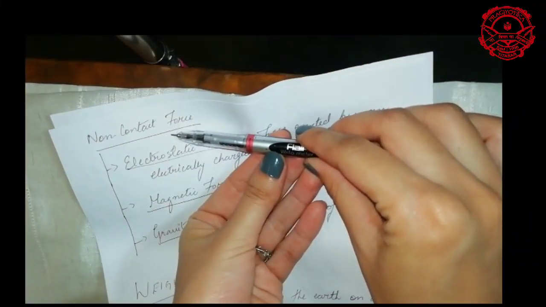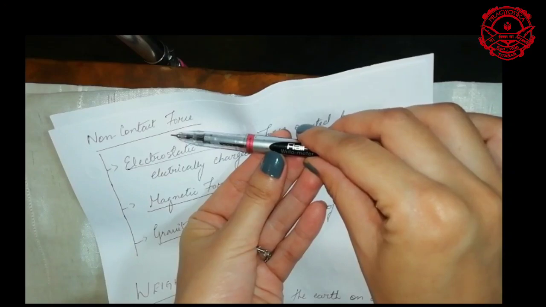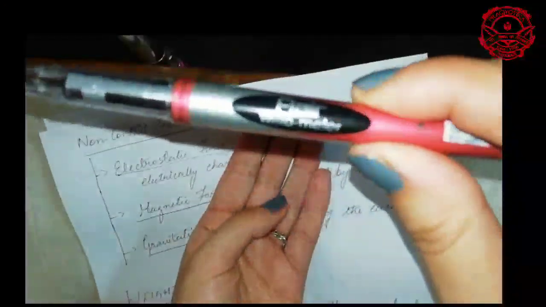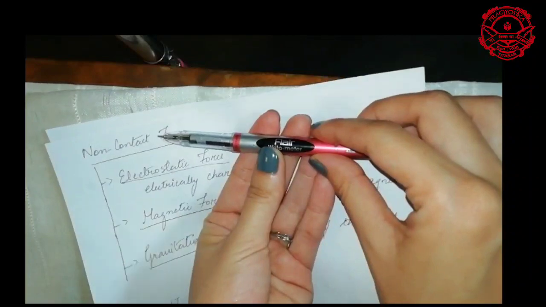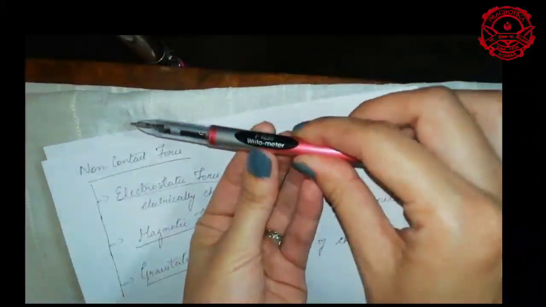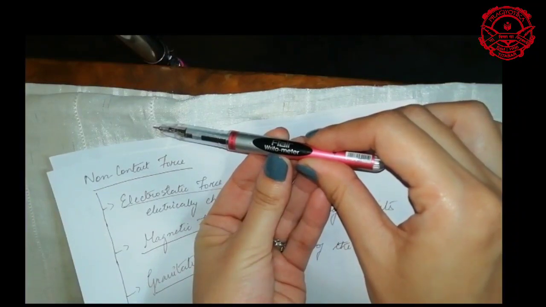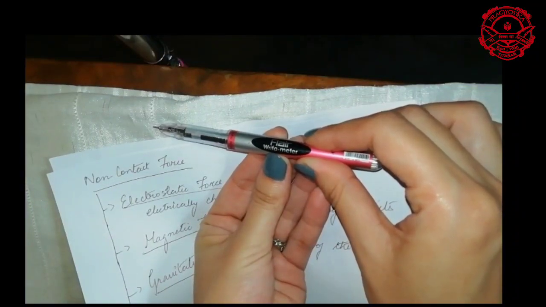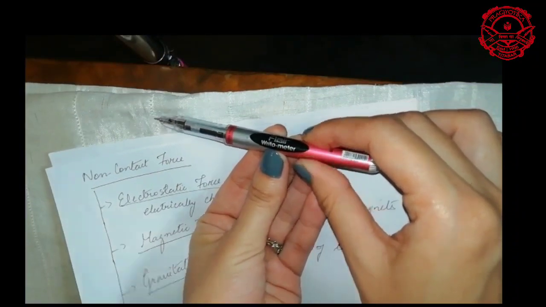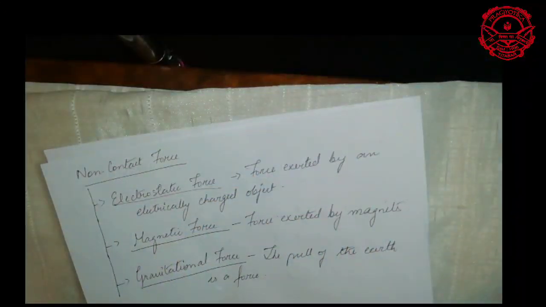This pull of the earth is a force. When the earth pulls this pen, a force is being applied, and that force is known as your gravitational force. The earth exerts this force on bodies within the gravity region of the earth.